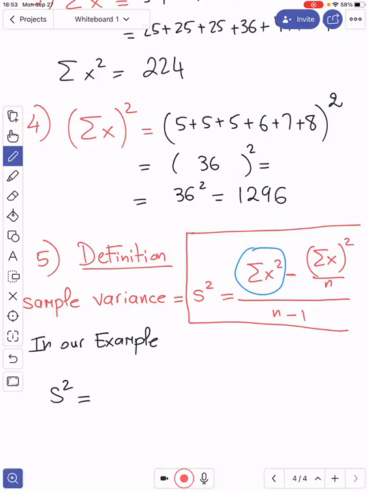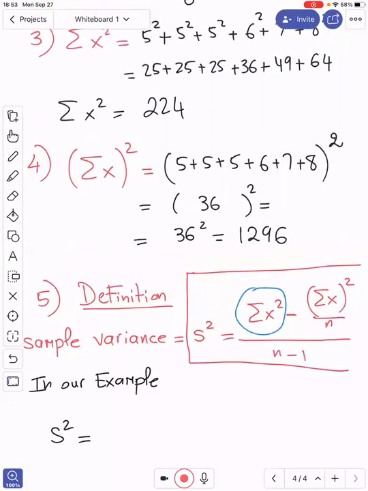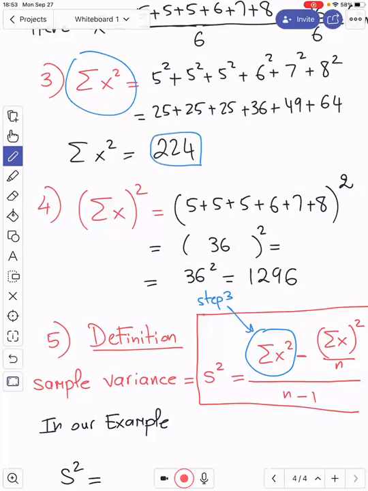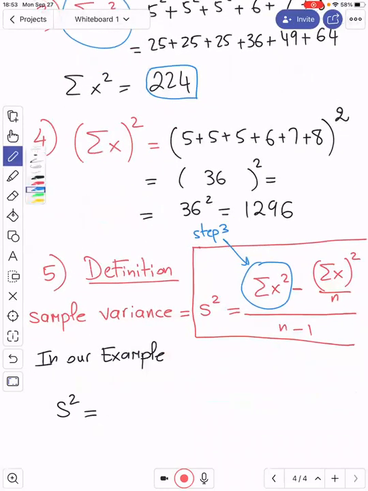We computed this in step number 3, right here. So as we said, here it's 224.